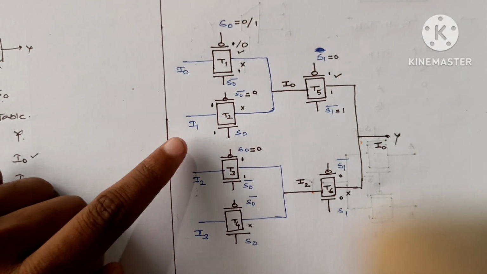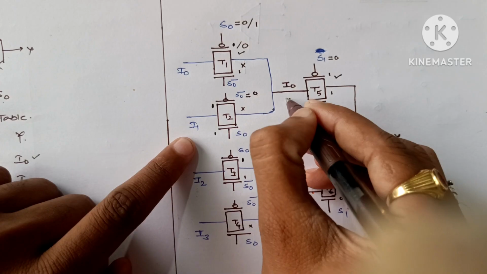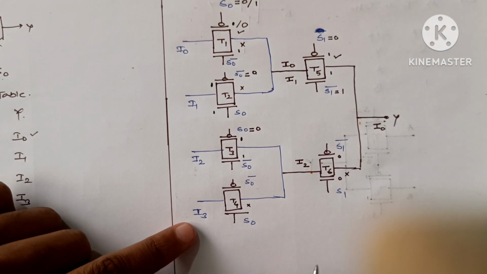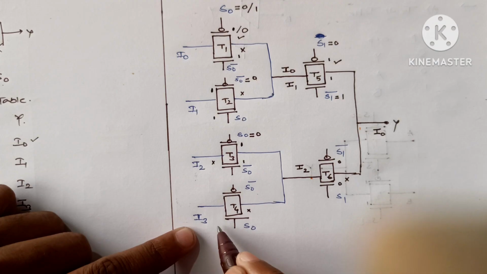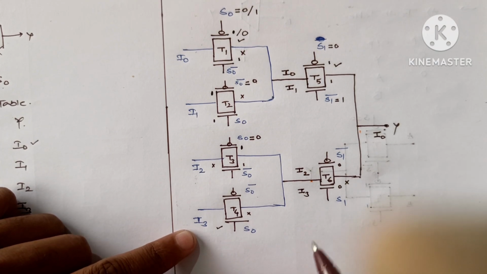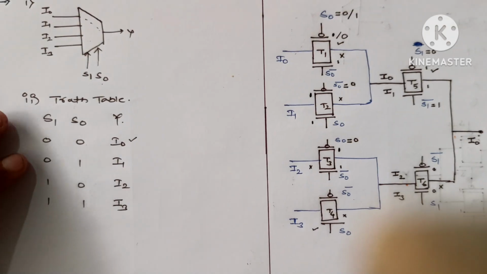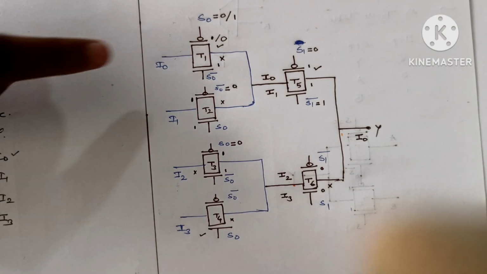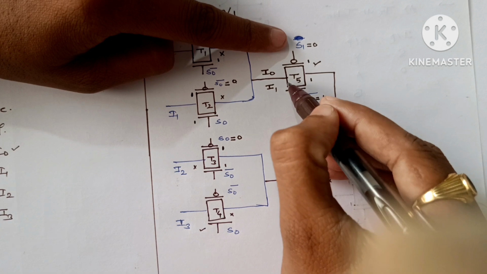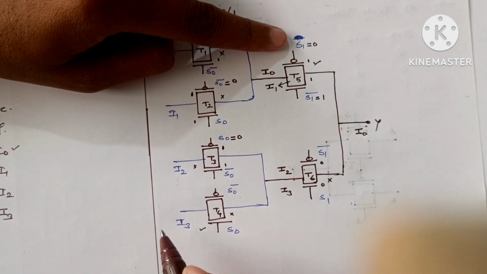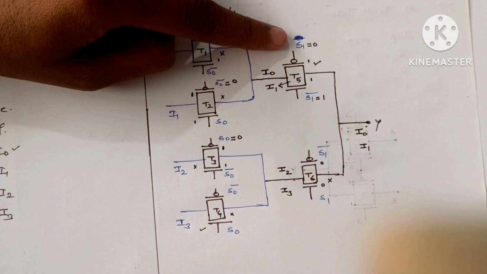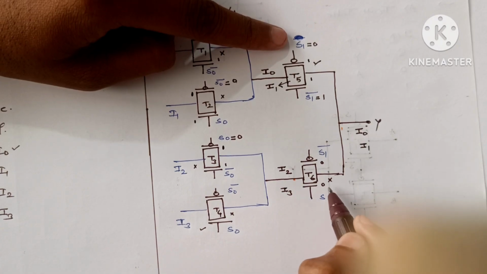Now once T2 is turned on, at this point we'll get I1. Same in this case, T3 will turn off and T4 will turn on. So based on that, here we'll be getting I3. Now again, the question arises, S1. S1 is 0. Now when S1 is 0, we have seen T5 is turned on, and at T5 we are getting input I1. So here it will replicate as I1 because T6 will be turned off.